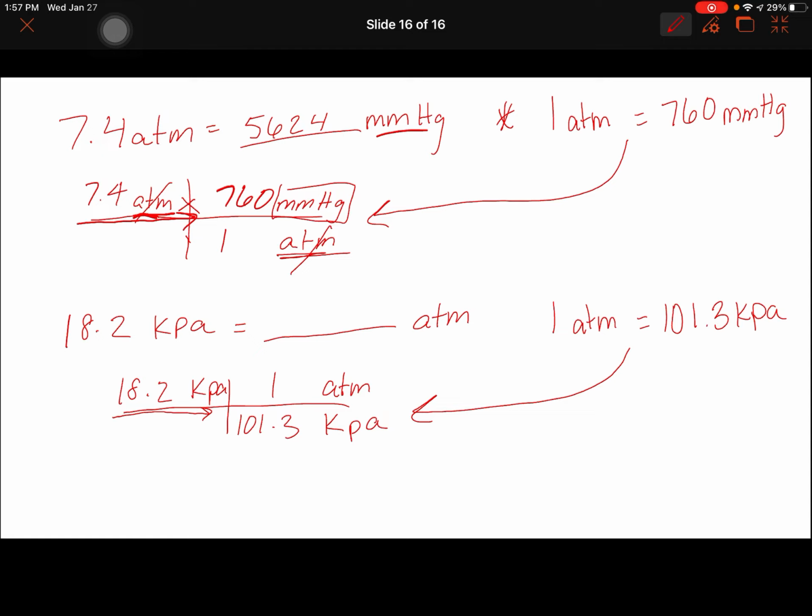So basically this equation turns into this, to put it simply. And that will give you 0.18 atmospheres. Since there is kilopascals on the top and on the bottom, they will cancel out, leaving you with just atmospheres.